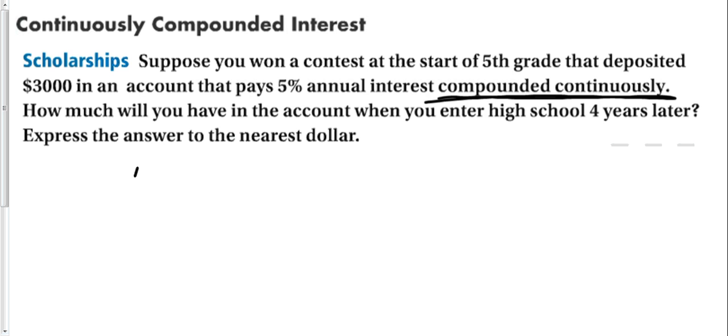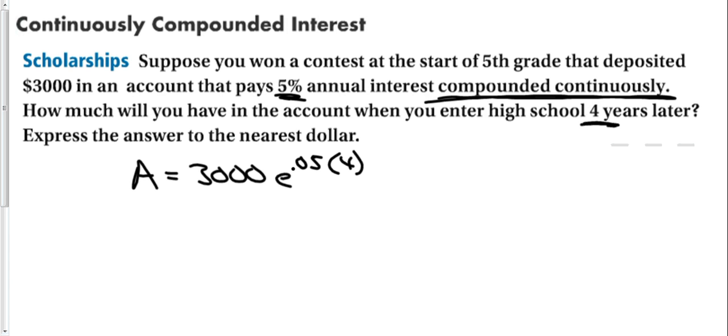So let's plug it in. So A is going to equal 3,000 times e to the 5%, 0.05, times 4 years. Okay. Working this out on your calculator will give you $3,664 and something cents.